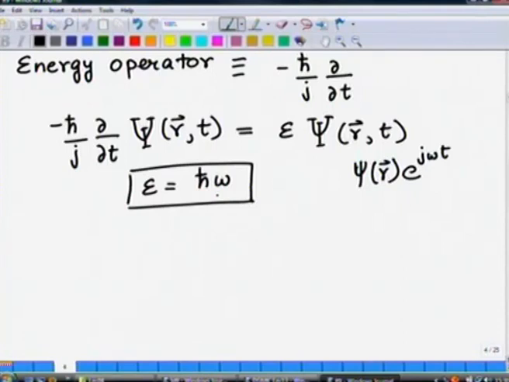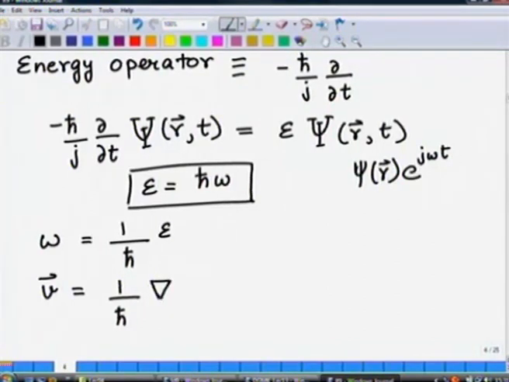What does that mean? That means ω is 1 over h bar of energy, and therefore, this quantity, the average velocity, the group velocity, would be equal to 1 by h bar times the gradient of energy.